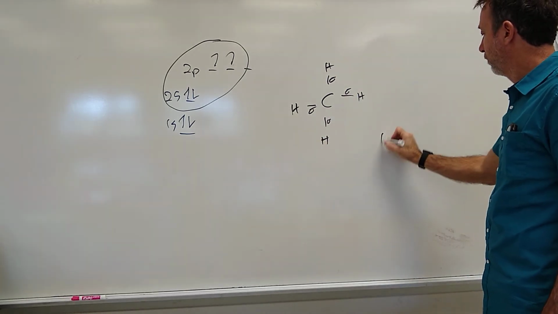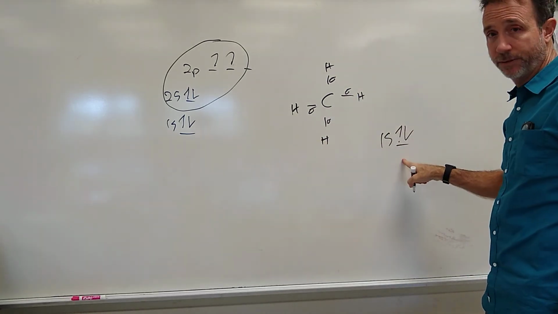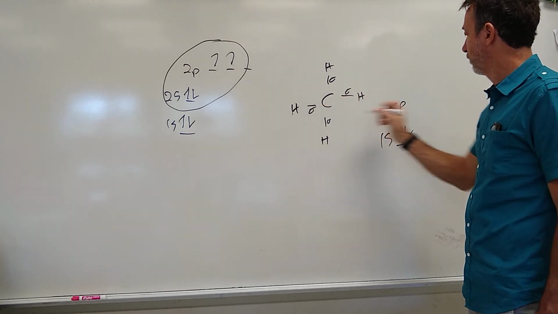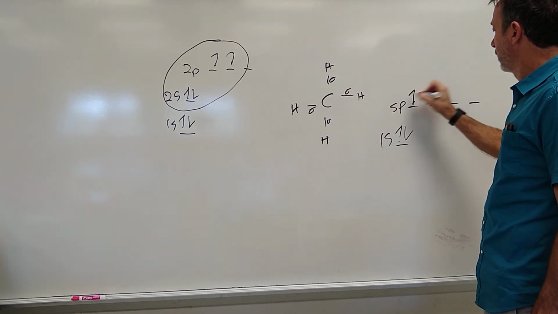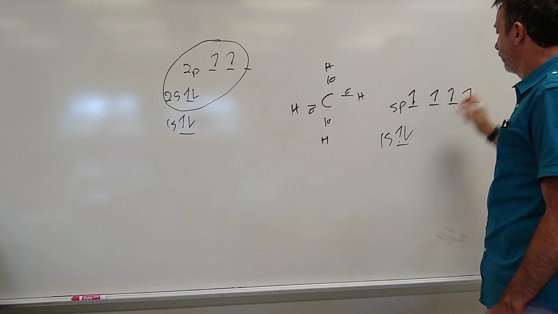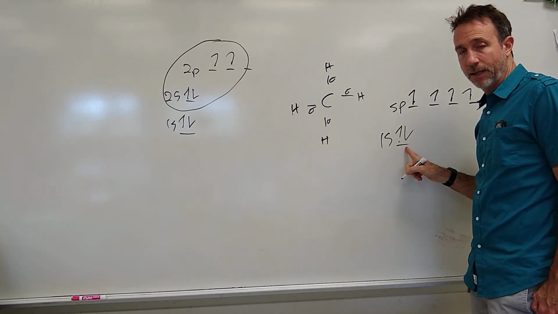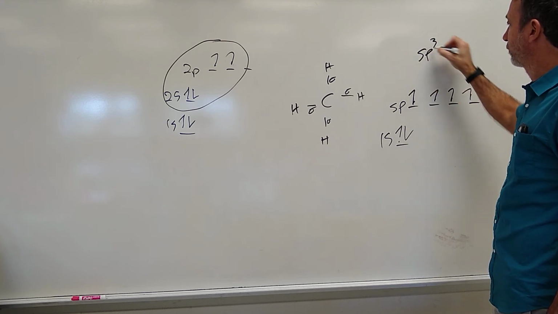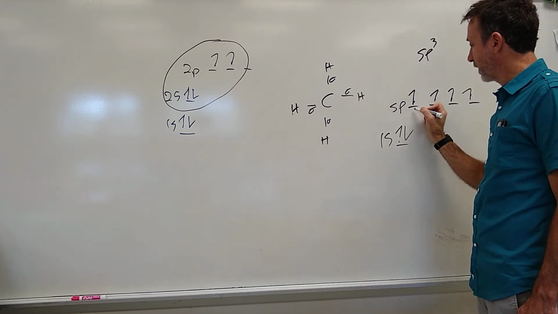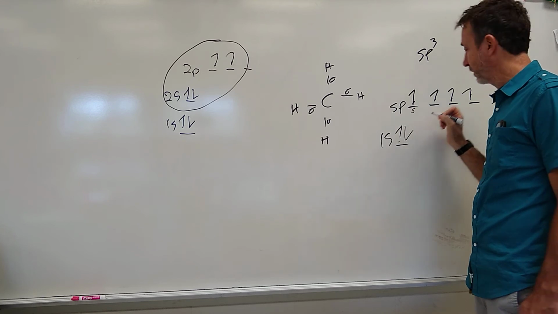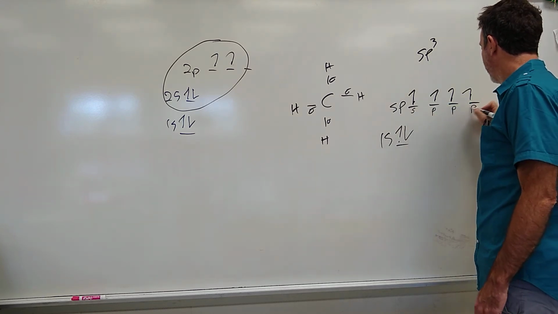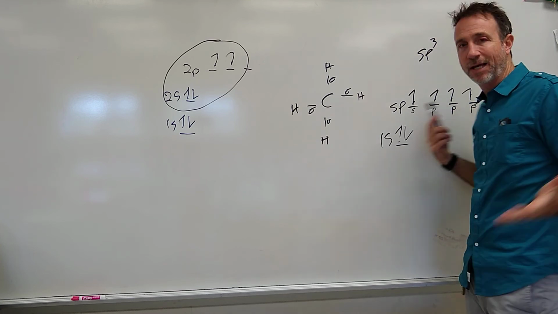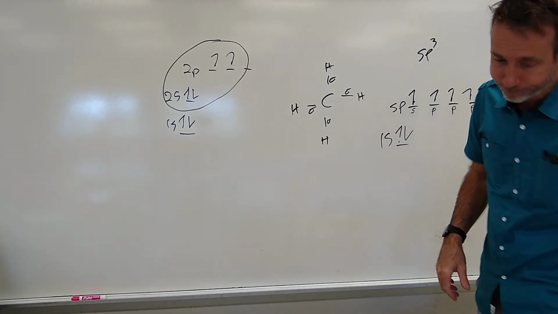So we start with 1s, up, down. That's always the same. Now we have sp. 1, 2, 3, 4. 1, 2, 3, 4. Now we have all of the electrons accounted for, and this would be called sp3 bonded, because the first arrow is the s, and then we have p and p and p. You can never have sp4 because there's only 3 different types of p orbitals, right?